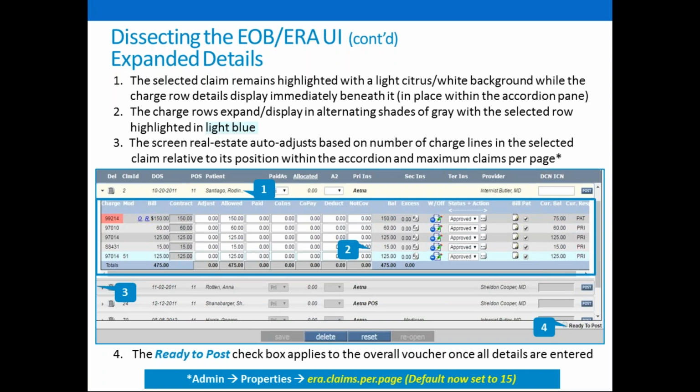And the screen real estate auto adjusts, meaning again your hand-eye coordination doesn't have to move, because when you close this claim and open the next one, it's going to collapse the one you were just working, scroll it out of the way at the top of your screen, and just keep bringing up the next ones available. That way it stays right there in that same visual area on your screen for a maximum of up to 15 per page, based on that property that you see at the bottom.